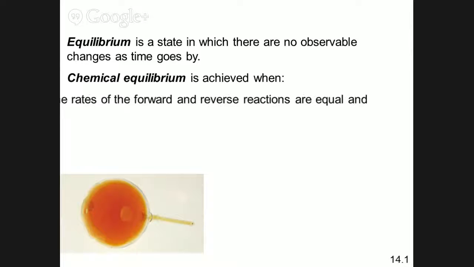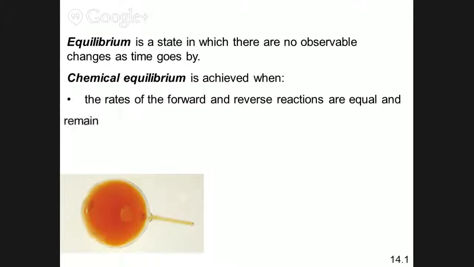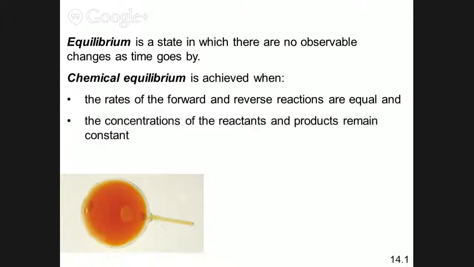Chemical equilibrium is when the rates of the forward and reverse reactions are equal, which then means, of course, that the concentrations of the reactants and products remain constant. And if you think back to the initial statement, we don't see anything going on, okay?